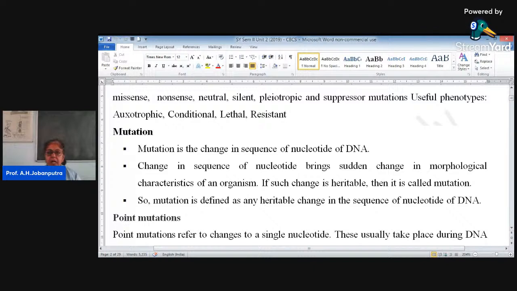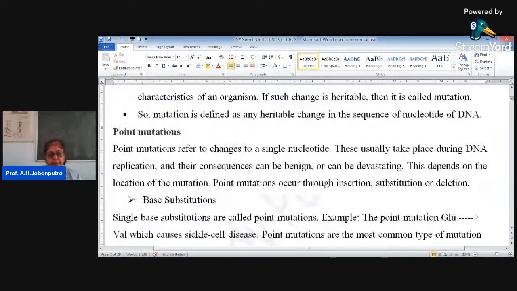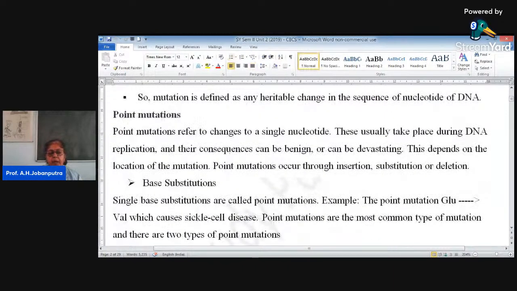We can say that the definition of mutation is heritable changes in the sequence of nucleotides of DNA. Point mutations. So point mutation means the mutation takes place only in a single nucleotide. These mutations take place at the time of DNA replication.